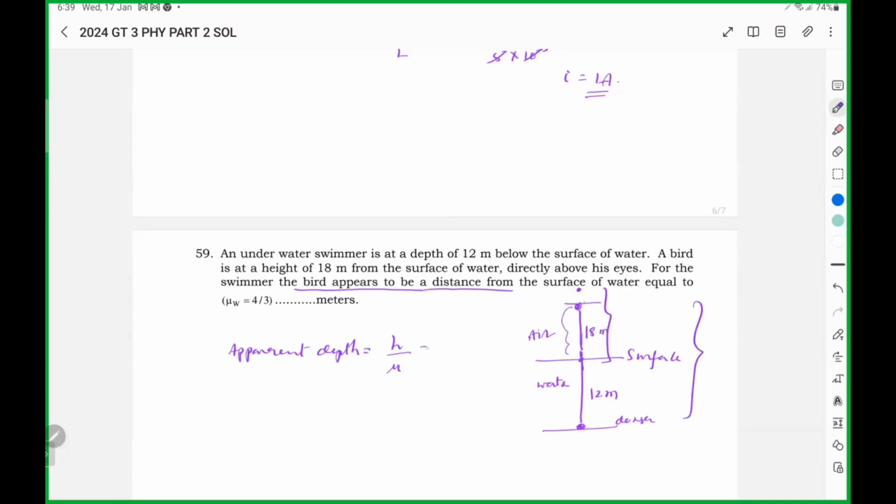So in the other medium, what is the distance between the surface and the bird? That mu here is 4 by 3. It is more distance, right? We have a formula mu h. That is 24 meters.